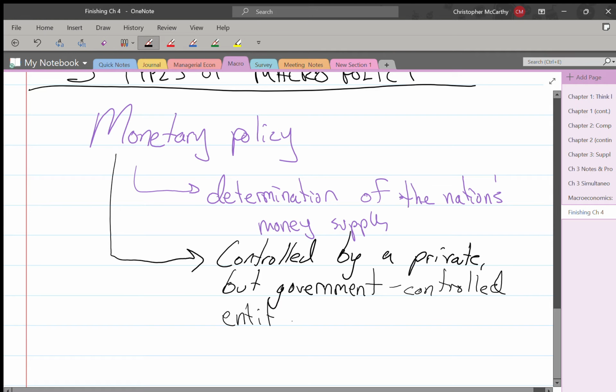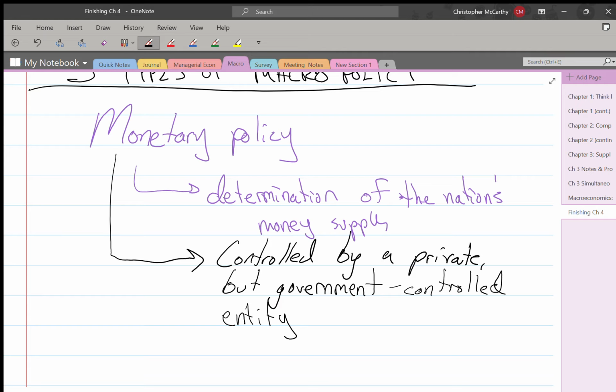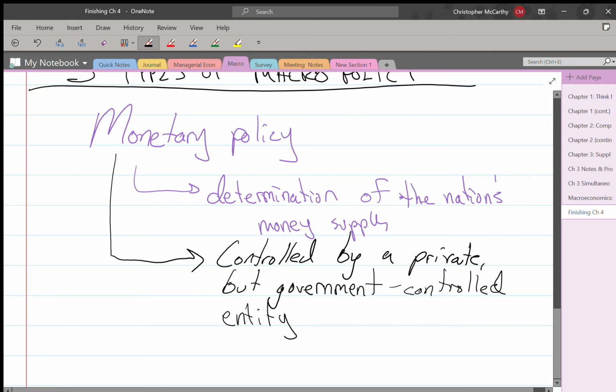So again, it's a private entity. It's not part of the public system, but its board of directors are chosen and appointed by our elected officials. So the people in charge.